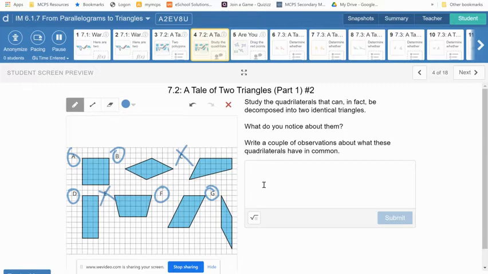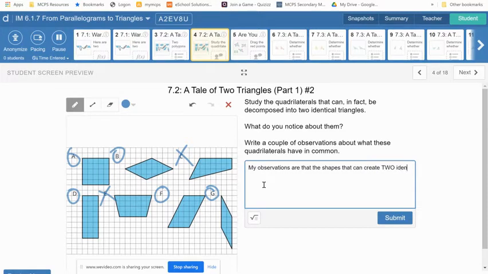So my observations are that the shapes that can create 2 identical congruent triangles have 4 sides.